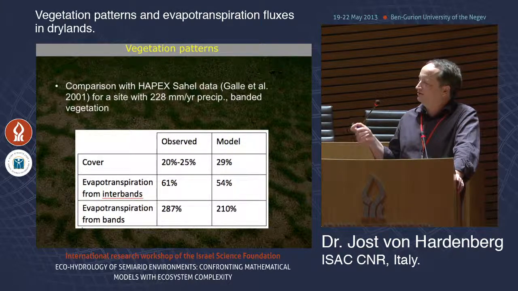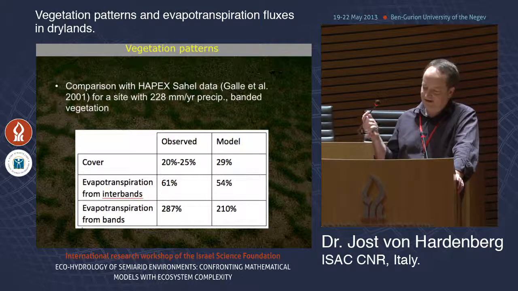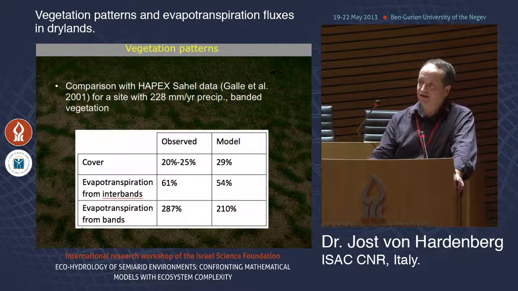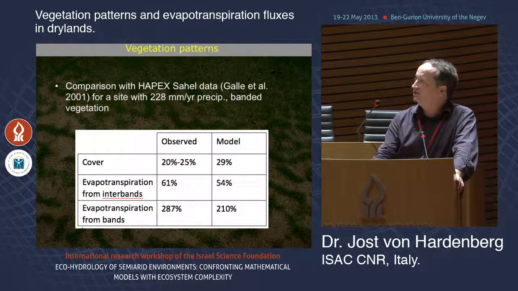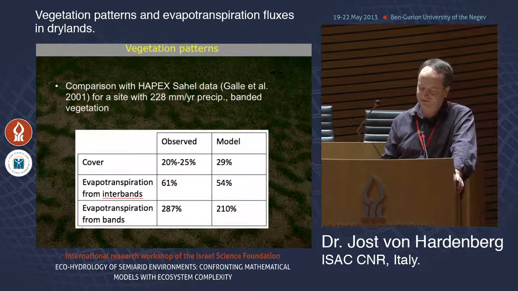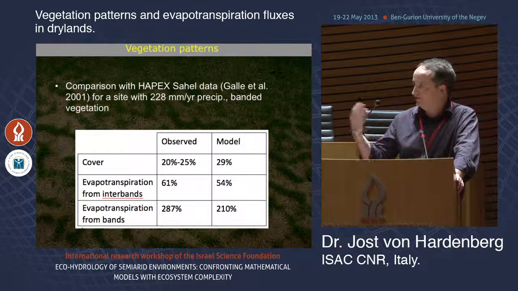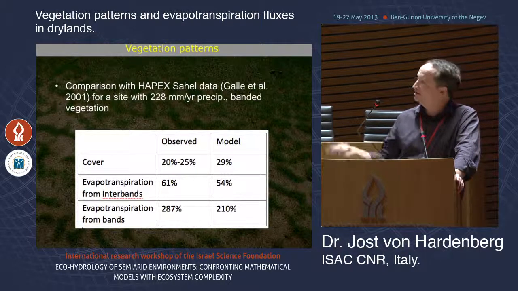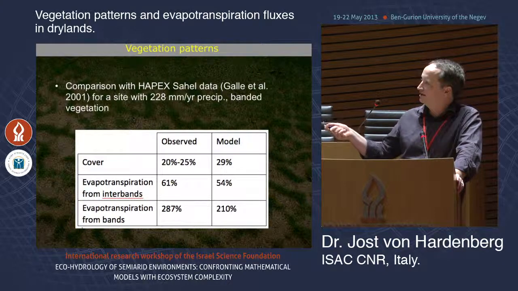And what is particularly good here is that this comparison fits quite well without actually tuning the model in any sense. We chose realistic and reasonable parameters for that precipitation range, and for that type of vegetation, we immediately got reasonable results and reasonable agreement.